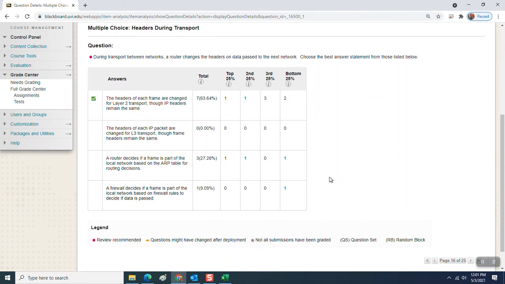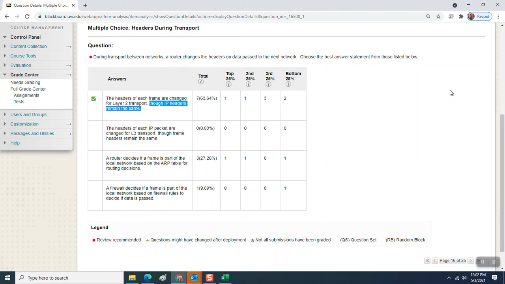Headers during transport. During transport between networks, a router changes the headers on data passed to the next network. Choose the best answer statement from those listed below. So the layer 2 headers are changing, but the layer 3 headers do not. Basically, the headers of each frame are changed for layer 2 transport, though the IP headers remain the same.